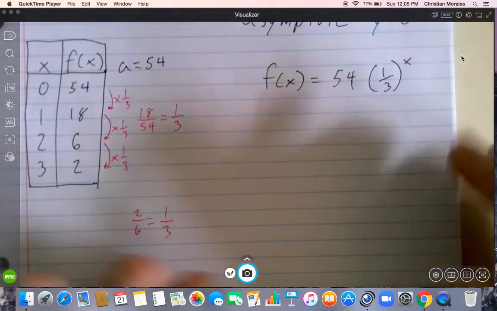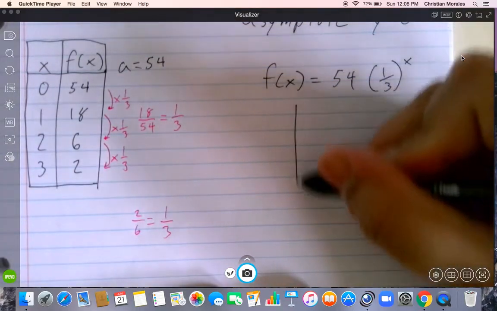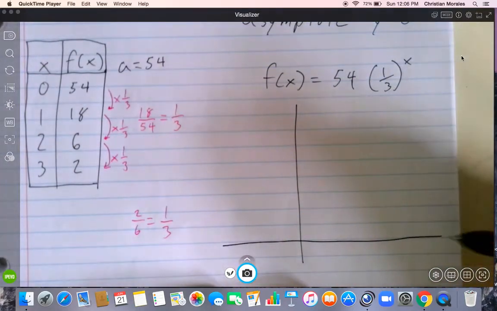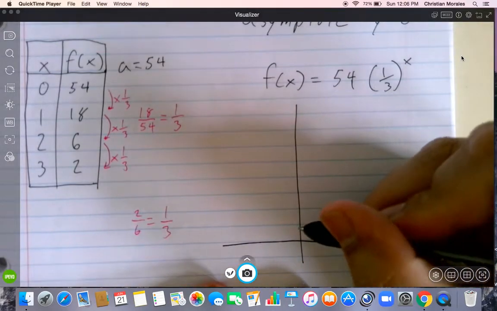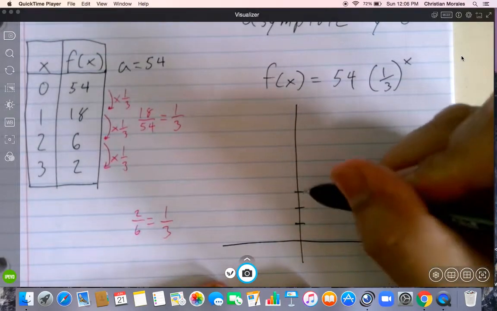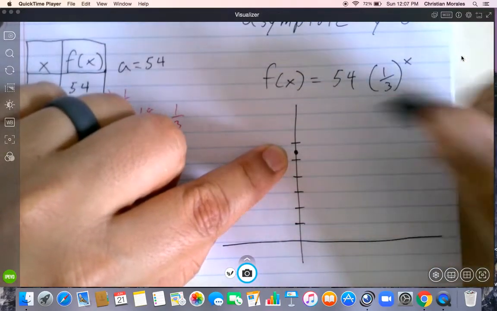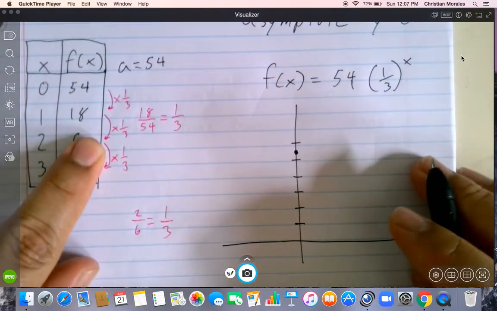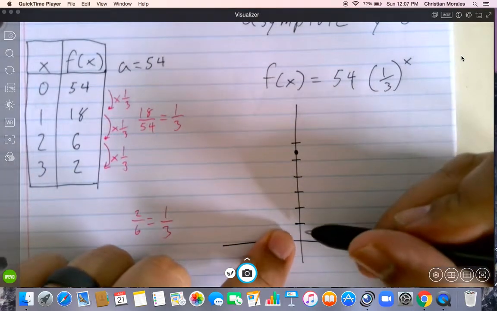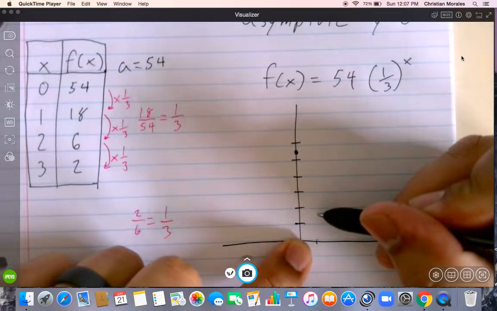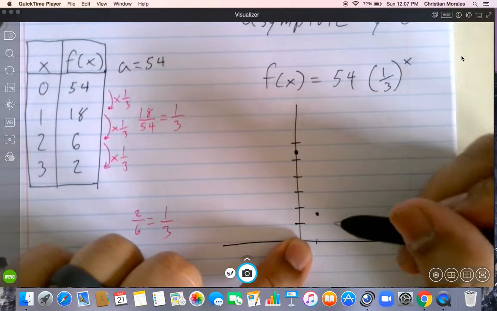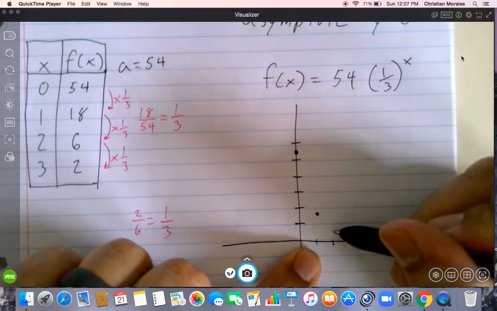Now, if you graph this, let's just count by tens. 10, 20, 30, 40, 50, 60. 54 would be right here, right? That's 54. Next number is 18. So 10, 20. So 18 would be somewhere right here. Next number is 6, somewhere right here.